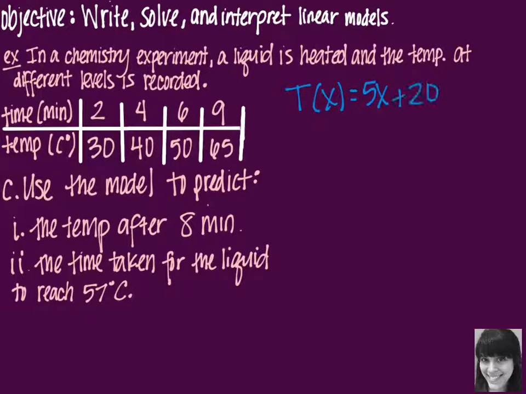We want to use this model to predict the temperature after 8 minutes. So my input is going to be time, which is going to be 8. So to answer I just input 8 into my x.